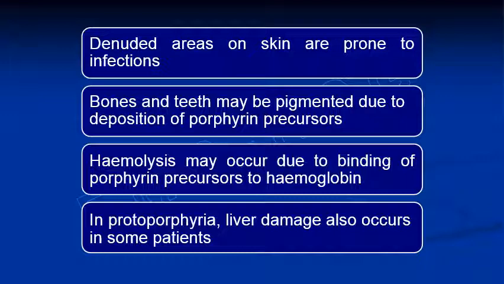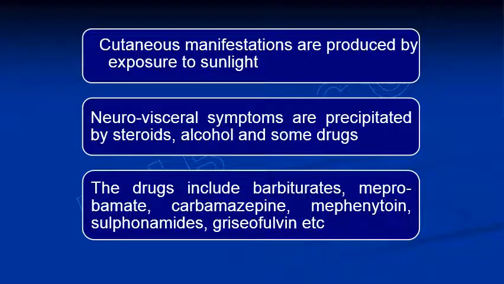There can be destruction of blood cells due to binding of porphyrin to hemoglobin, and liver damage can also take place. Even though the liver is the site of expression for hepatic porphyria, we have seen that these signs and symptoms can overlap between them. So basically, the cutaneous manifestation will form when the patient's skin is exposed to light.